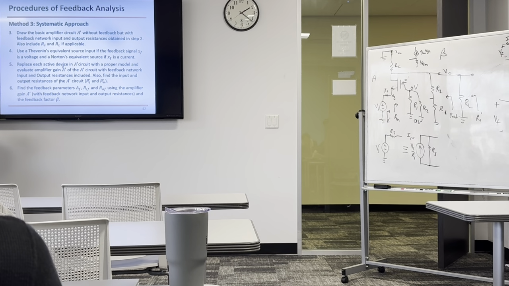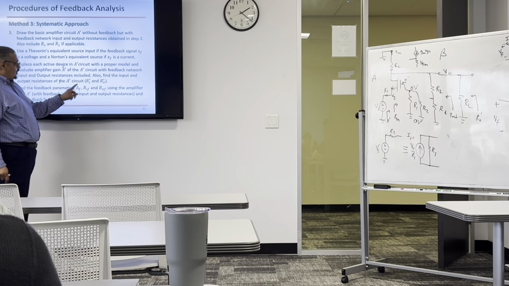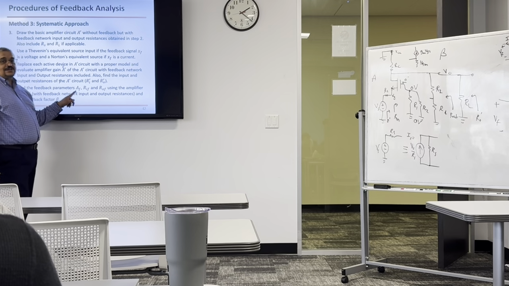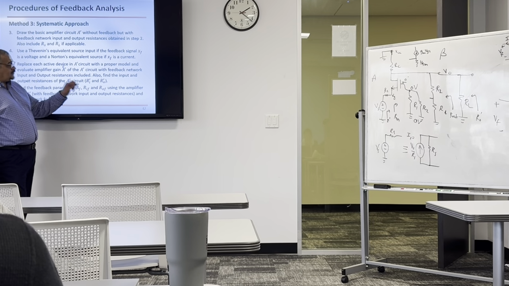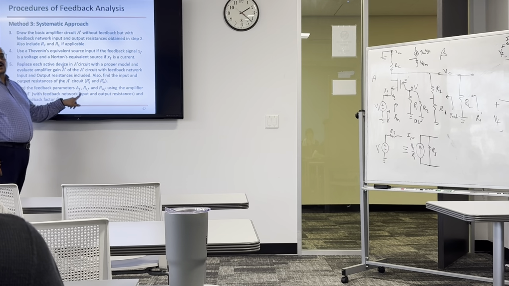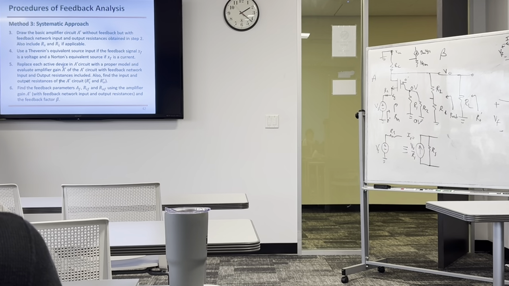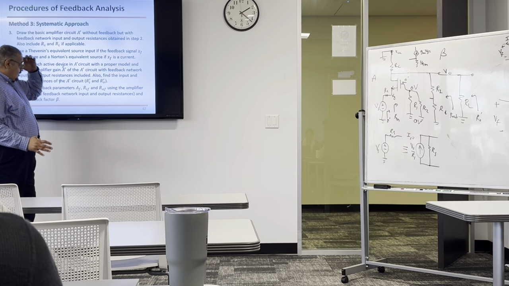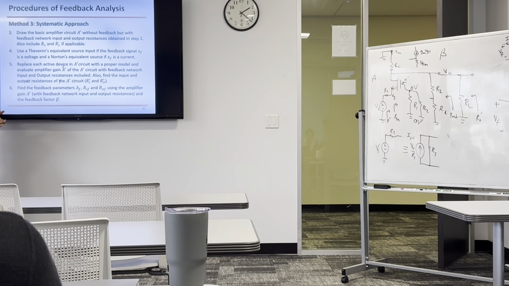And you have to make a test once you find this one to see if it is very close enough to 1 over beta. Let's say that this one gives you 5, while 1 over beta is 100. There's something wrong, right? Because the ideal value of this, if the design is good, should be very close to 1 over beta.